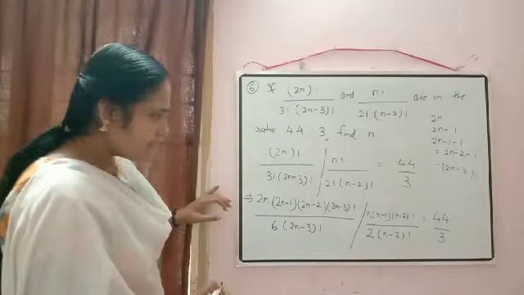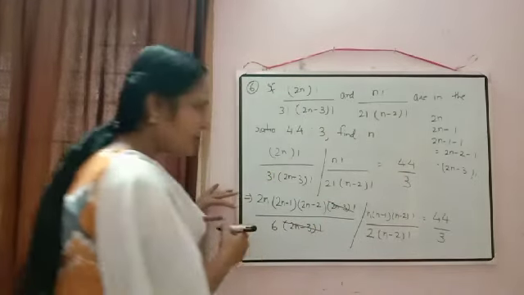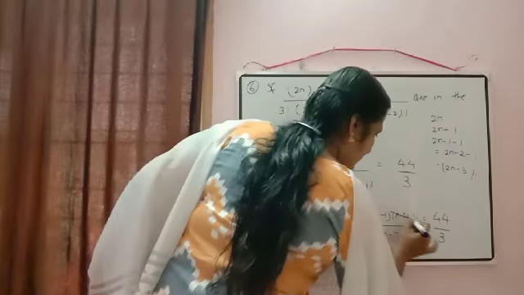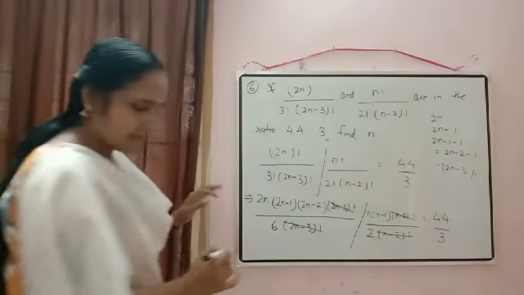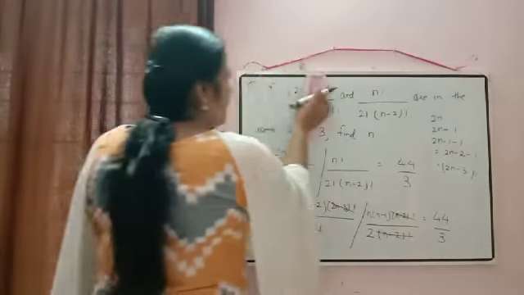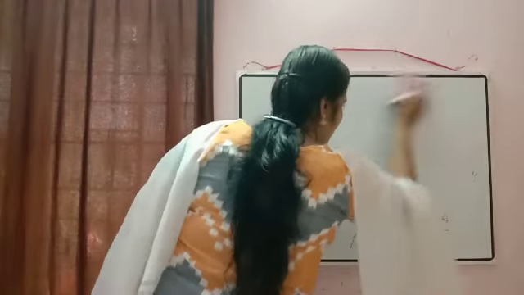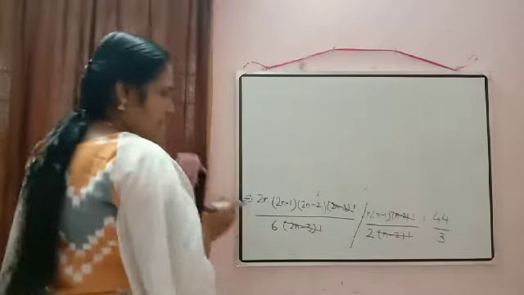Now just check what things will get cancelled. 2n minus 3 factorial will get cancelled, and here n minus 2 factorial will get cancelled. Now we have only numbers with us. So what can we do? We can change the division into multiplication. When we change the division into multiplication we take the reciprocal.